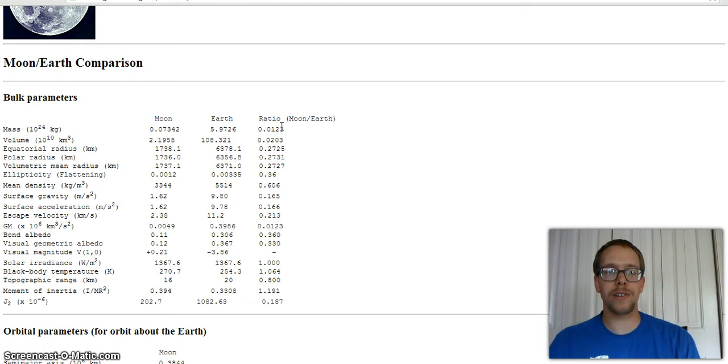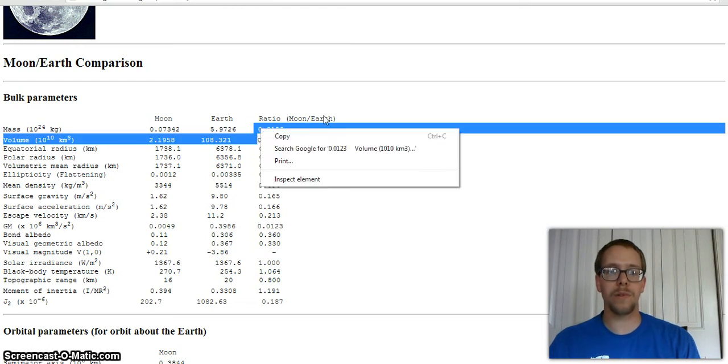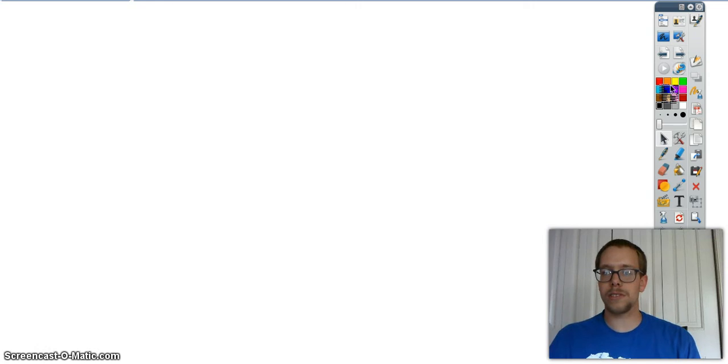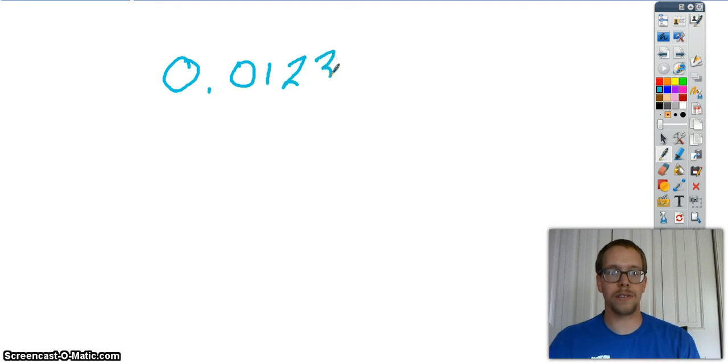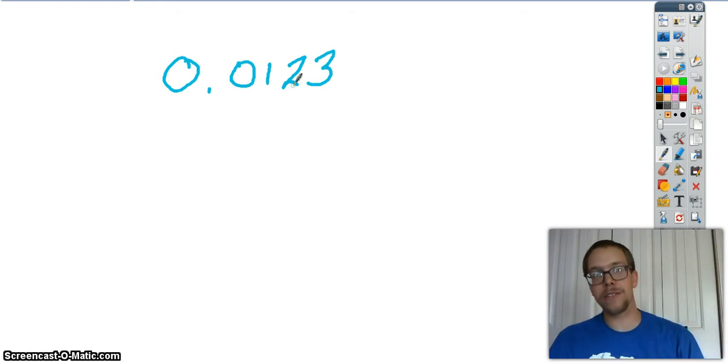So let's try to convert this number, 0.0123, into scientific notation. To start, we're going to write our number out here: 0.0123, that's tenths, hundredths, thousandths, ten-thousandths, so 123 ten-thousandths.